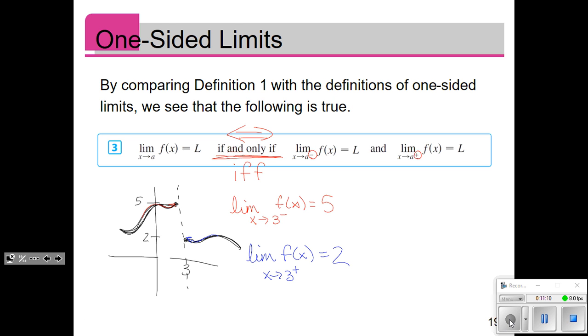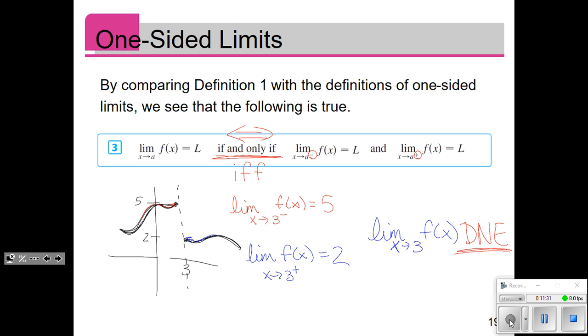So does the hard limit exist as x approaches 3? What's the hard limit of f of x? That's what I was alluding to.